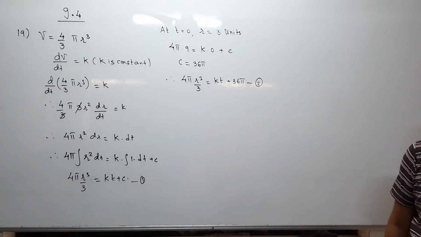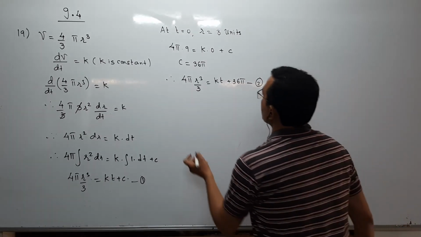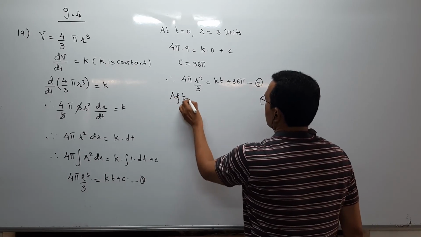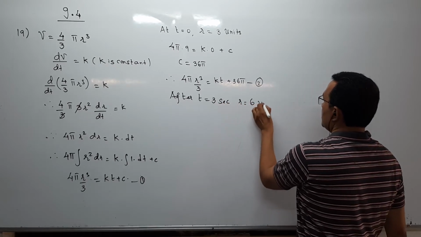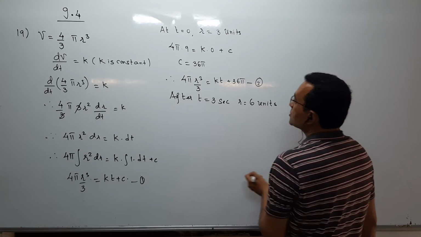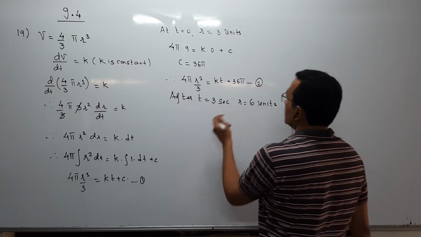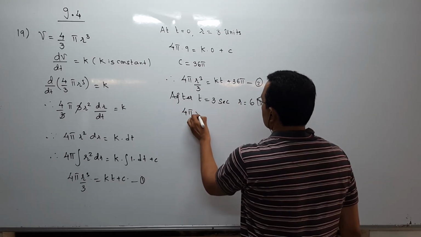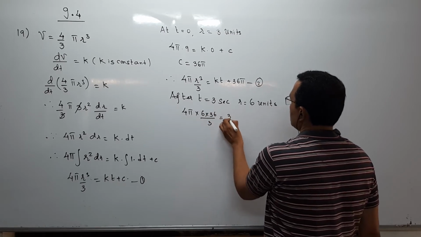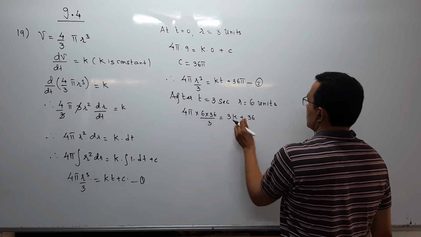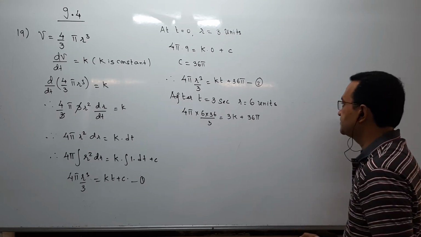We got the arbitrary constant of integration, and after 3 seconds its radius is 6 units. So after t is equal to 3 seconds, r will be 6 units. So I can take t is equal to 3 here, r will be 6. So this is 6 cube into 4 pi by 3 is equal to 3k plus 36 pi.